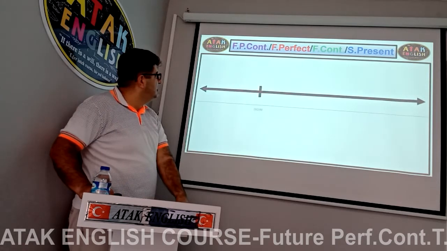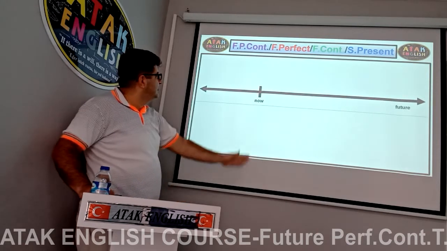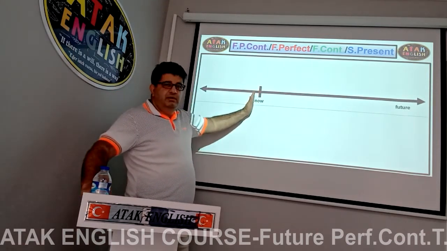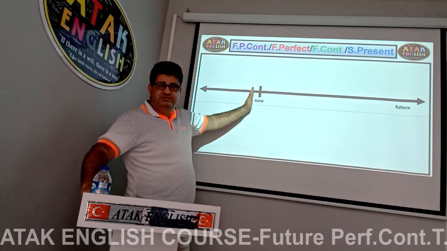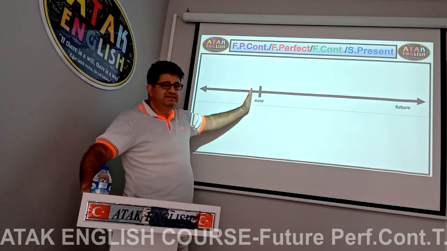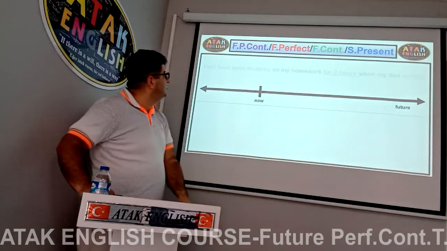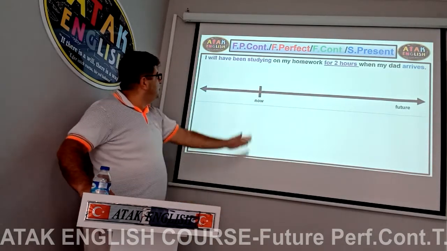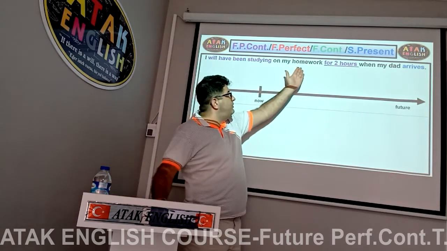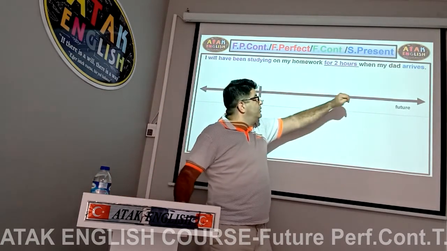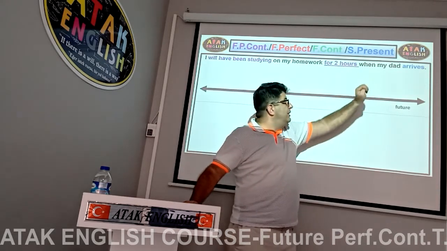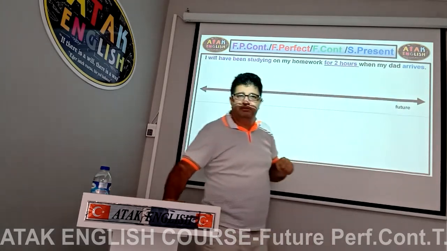Here comes our timeline diagram. Now is the time of speaking. I'm going to just say that example in the future. I will have been studying my homework for 2 hours when my dad arrives.